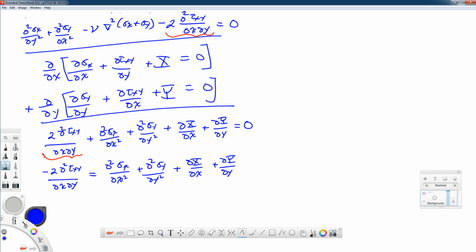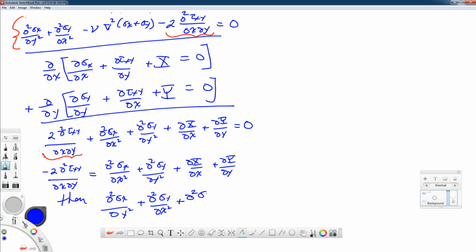Alright, so let's go back and let's look at this equation. So I'm going to have the second partial of sigma x with respect to y twice. I have the second partial of sigma y with respect to x twice. The contribution from the shear term, now I can write that in terms of the normal stresses.